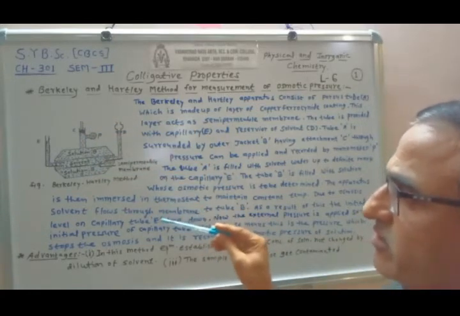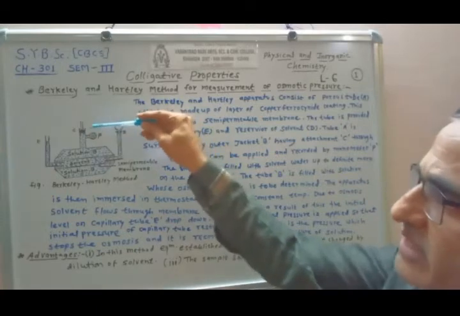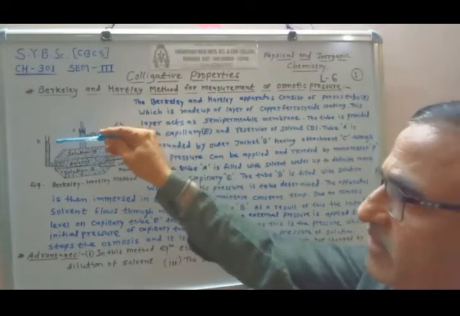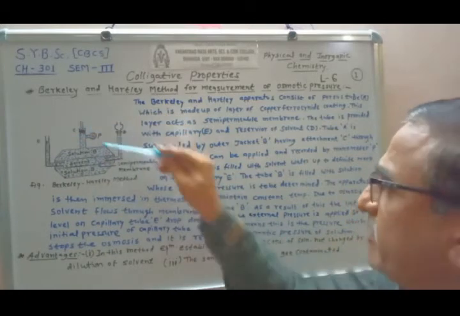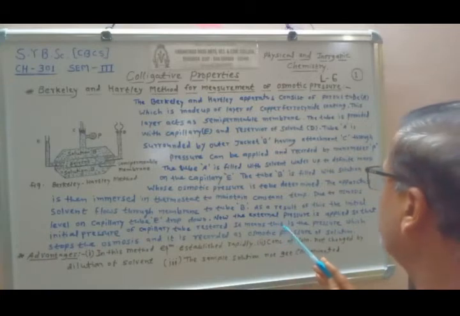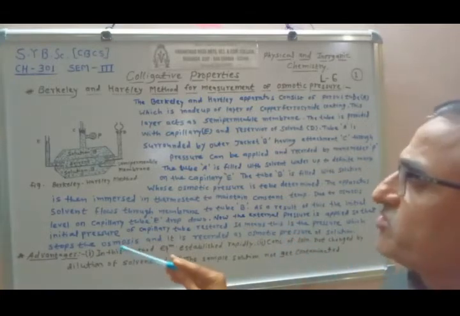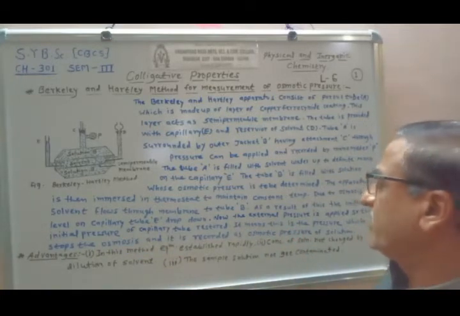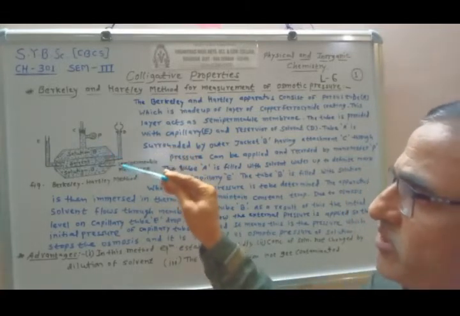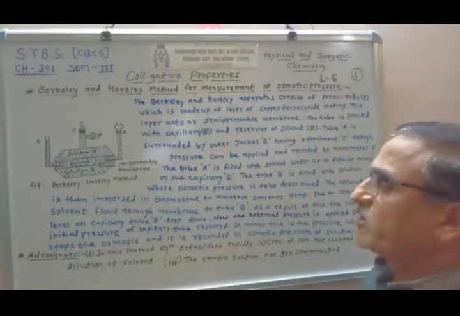To stop the osmosis, we have to apply the osmotic pressure to keep the level as it is. So when we apply the pressure here and the level is restored, it means that this pressure stops the osmosis and it is recorded as osmotic pressure. So the pressure applied to stop the osmosis is known as osmotic pressure.